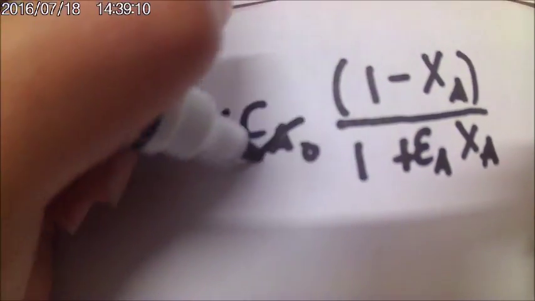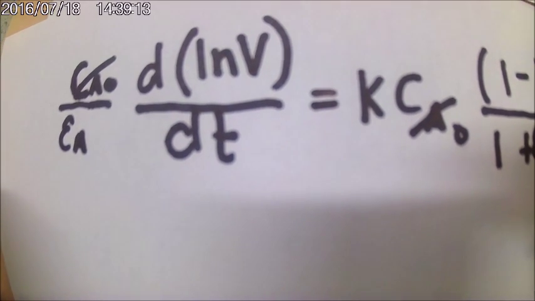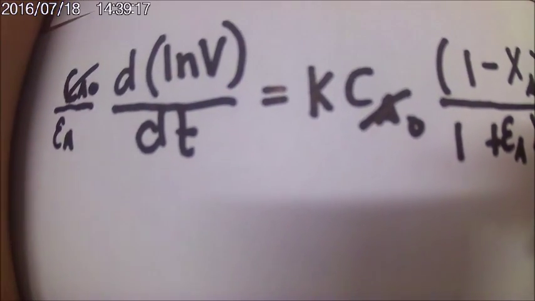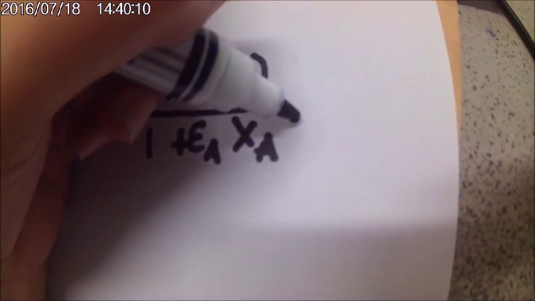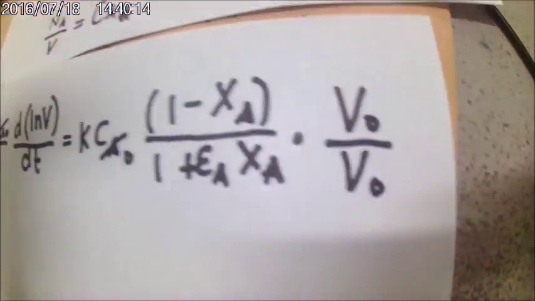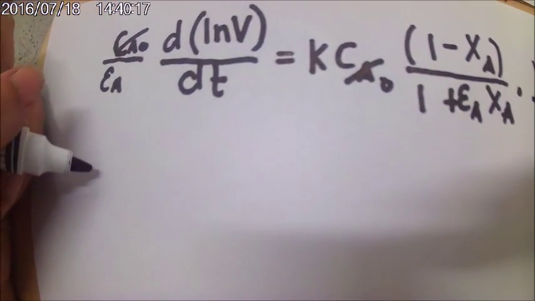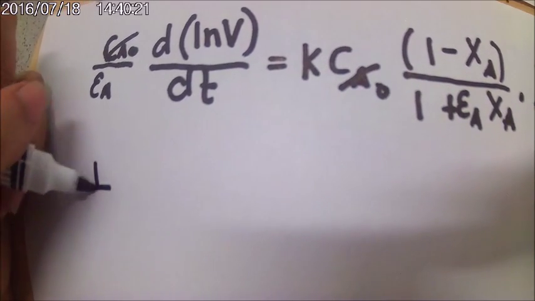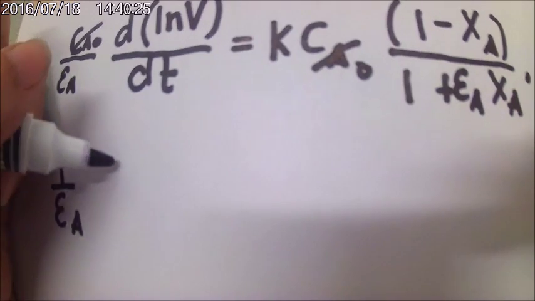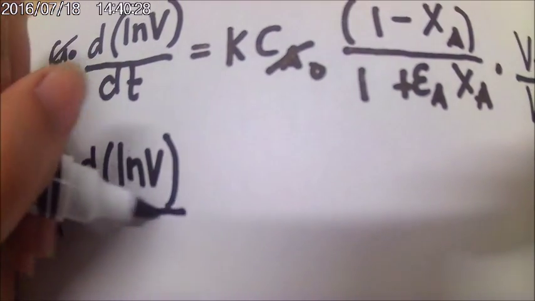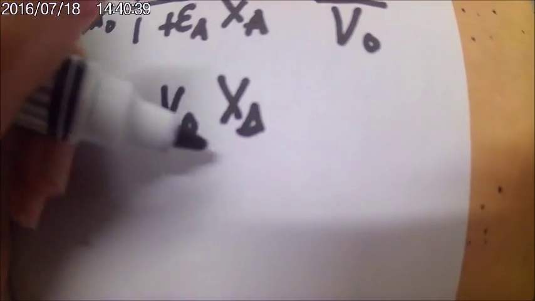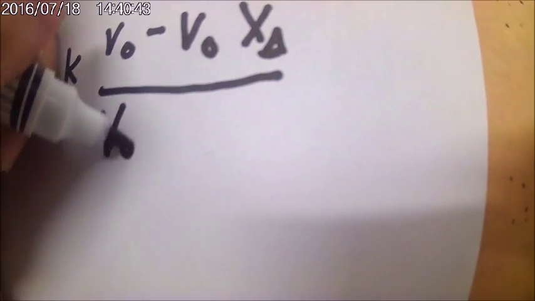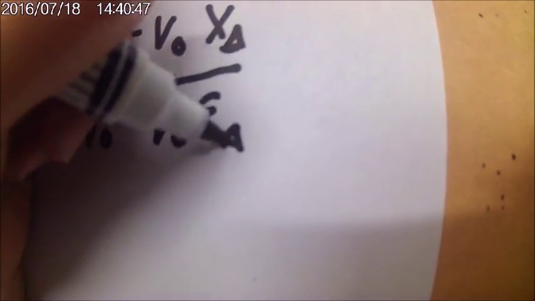Canceling CA naught and multiplying this side by V naught over V naught, we get 1 over epsilon A d of ln V over dt equals k times V naught minus V naught XA over V naught plus V naught epsilon A XA.